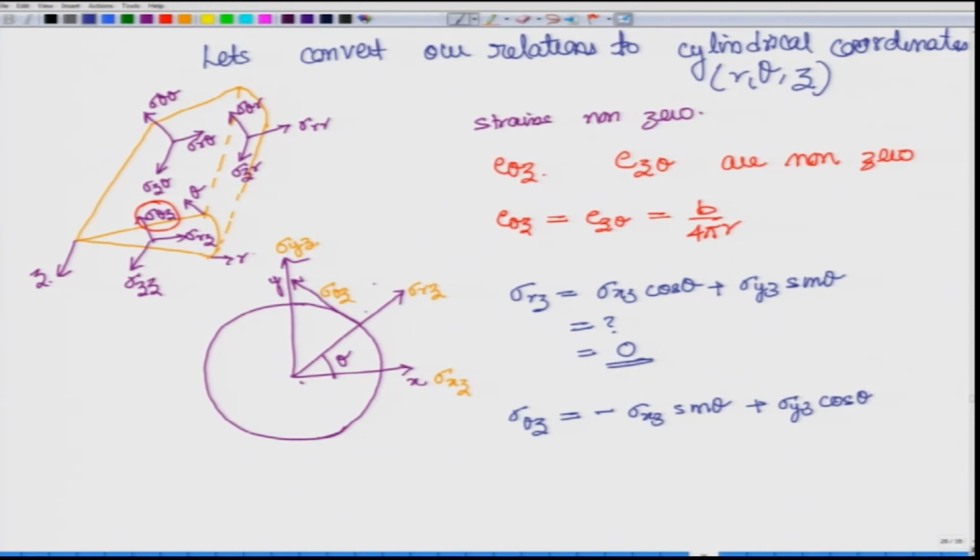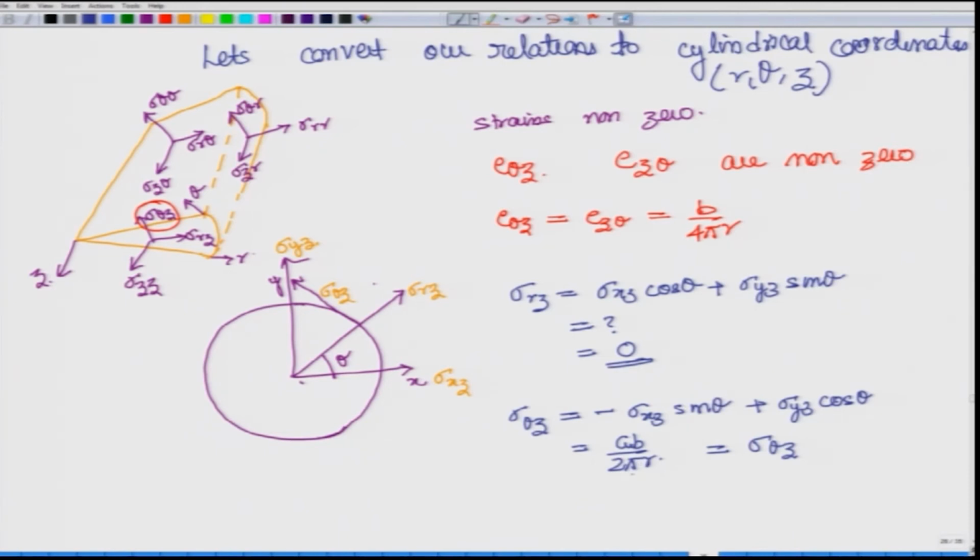This is simply taking components again for xz and yz along theta z, and what you get is Gb by 2 pi r, and this is also equal to sigma theta z, because this is a shear stress. So, there has to be a balancing stress, and this is the sigma theta z component. So, sigma theta z is equal to Gb by 2 pi r.